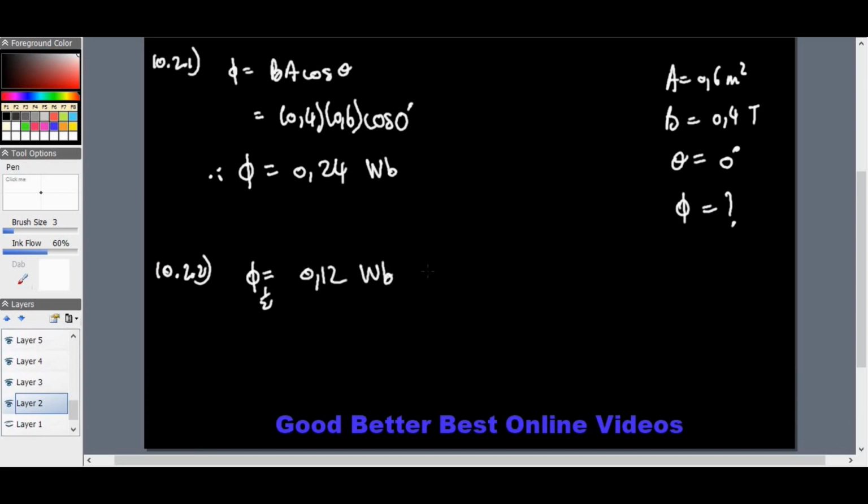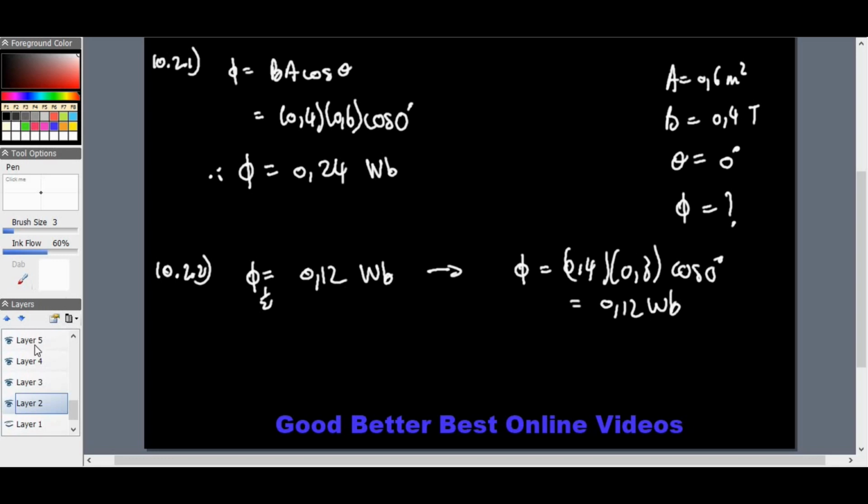If you want the calculation, phi is equal to the same formula, 0.4 multiplied by 0.3 cos 0, which equals 0.12 Webers. I just used a bit of logic.